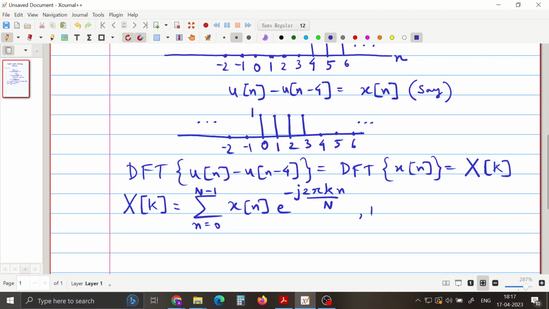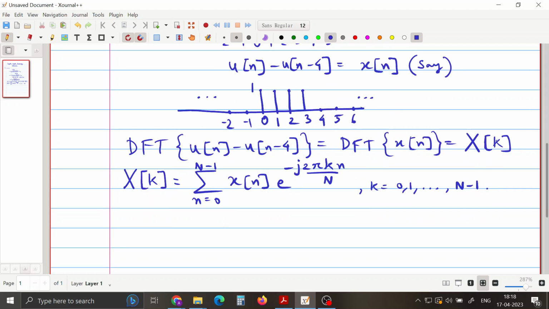And here k runs from 0 to cap N minus 1, right? This is known to us.